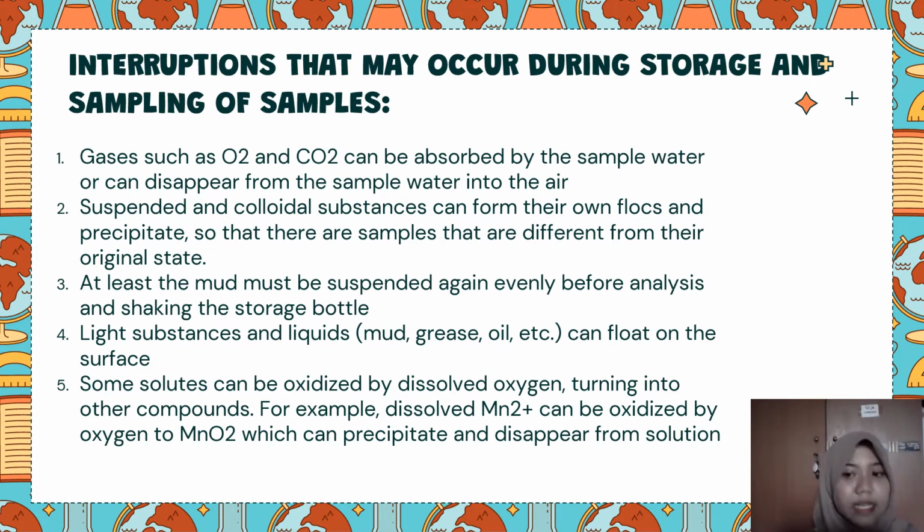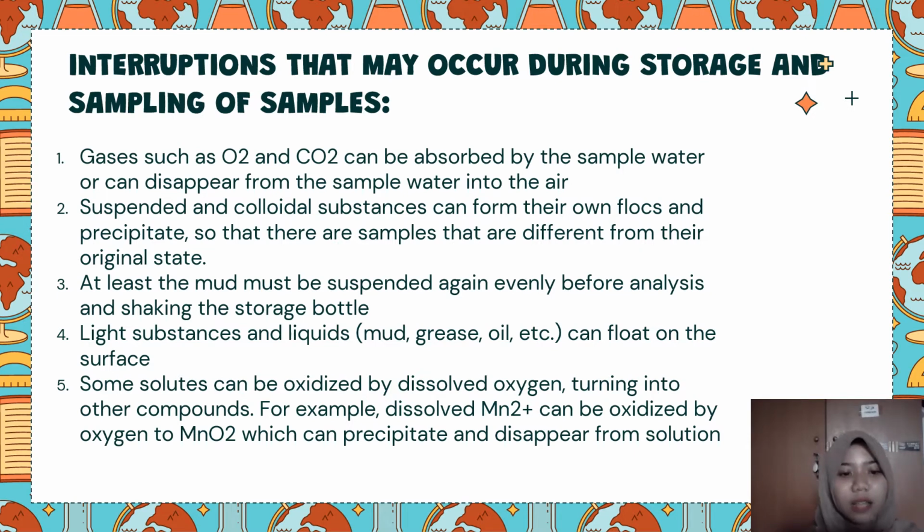And second, suspended and colloidal substances can form their own flocs and precipitate, so that there are samples that are different from their original state. And then, at least the mixture must be suspended again evenly before analysis by shaking the storage bottle.